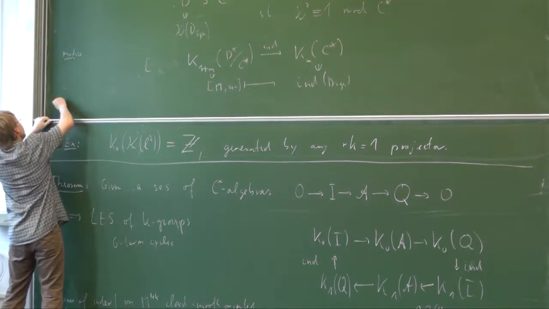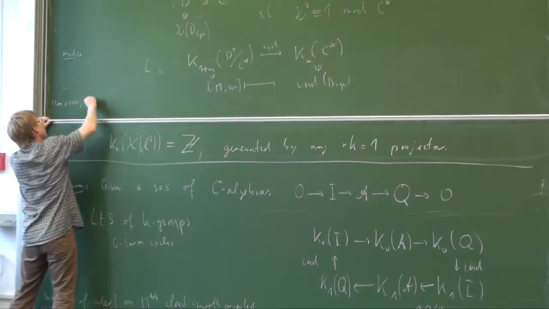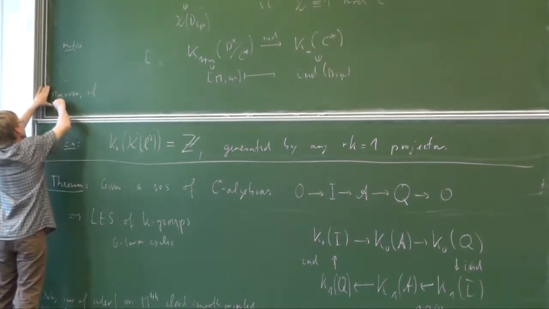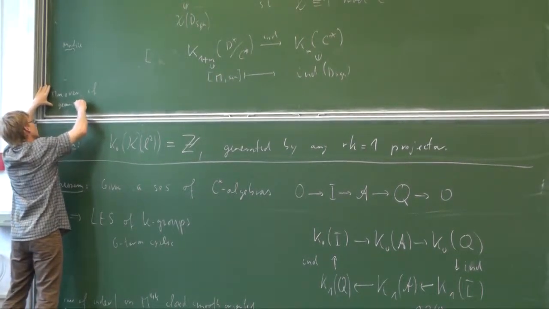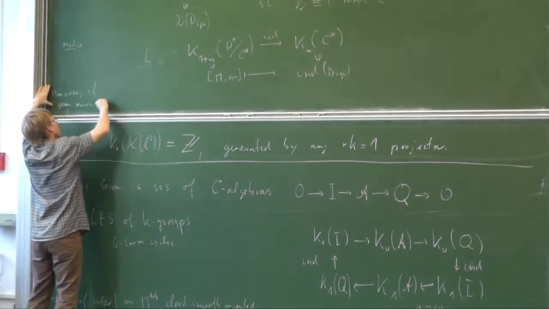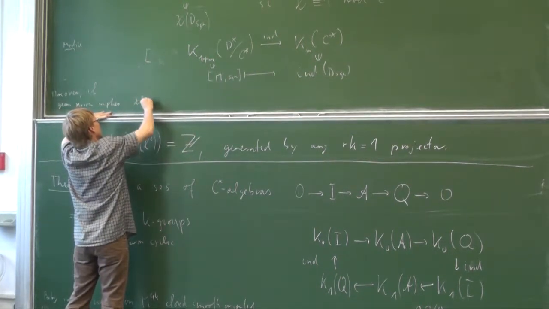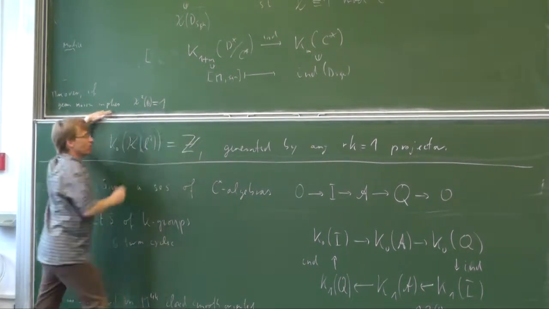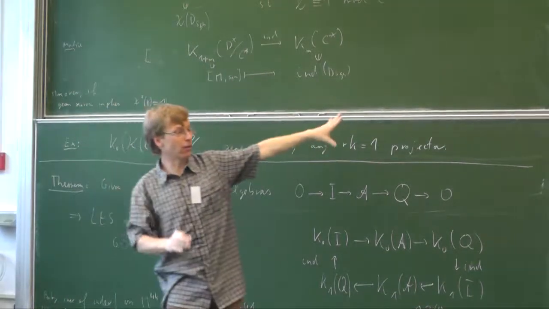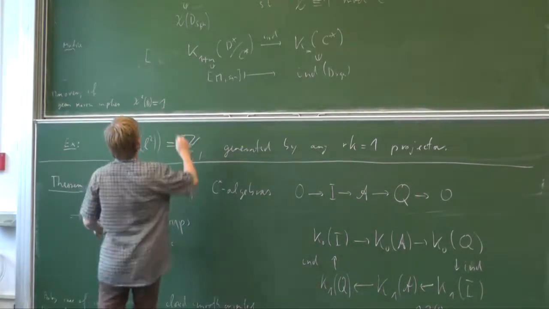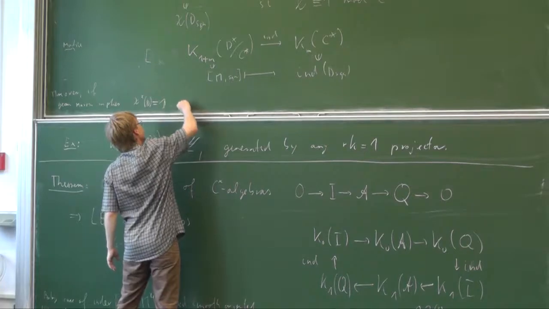And moreover, if some geometric reason implies that already chi squared of t is equal to 1, some invertibility property of the operator, we can use this lift.